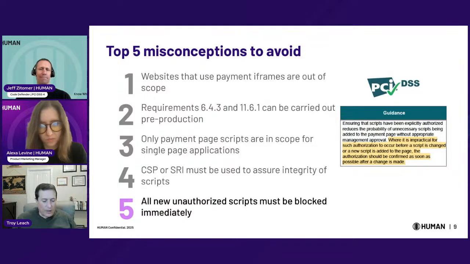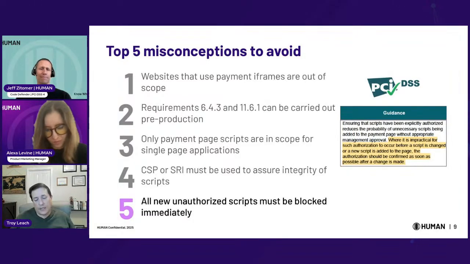I think we are entering an era where there are going to be more and more situations where there's going to have to be a different risk profile and management of incoming scripts and how you go about evaluating that.